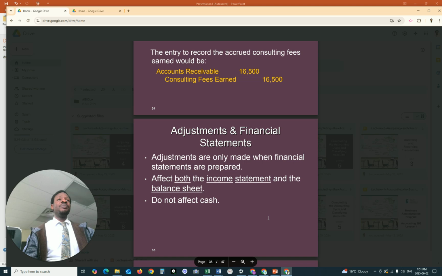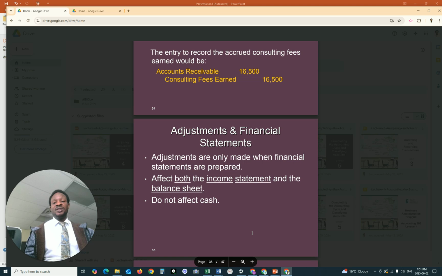Now, the final part is the adjustments and financial statements. Adjustments are only made when financial statements are prepared. They affect both the income statement and balance sheet, but do not affect cash. Adjustments through accruals and prepayments, depreciation, do not affect cash. For instance, depreciation is reduction in value of assets.